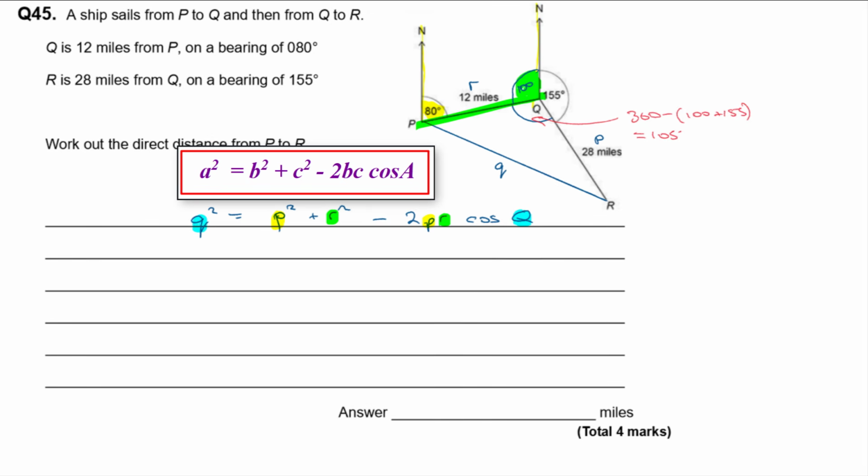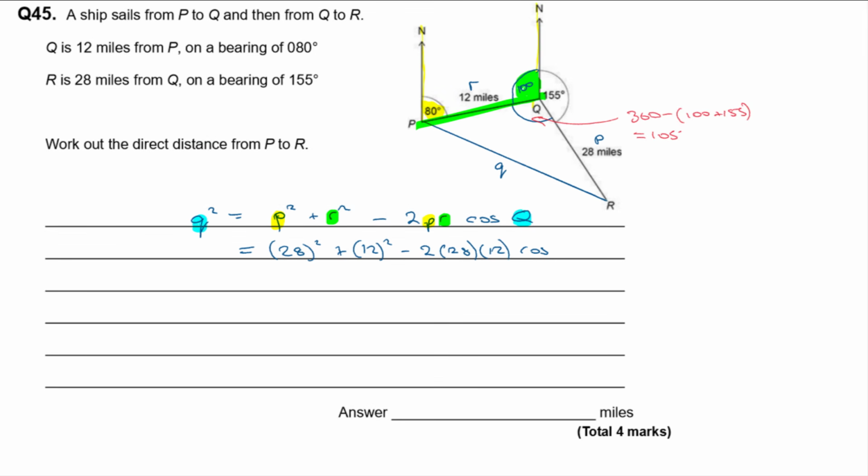We can then just sub into our corresponding version of the cosine rule. So P is 28, 28 squared, plus R, which is 12, 12 squared, minus 2 lots of 28, lots of 12, cos, and then Q, we just worked out to be 105, didn't we?